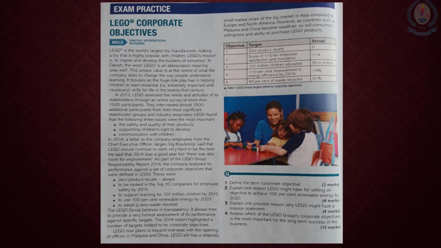Sometimes they are included within the case study in an indirect manner. So you need to read the case study clearly 2-3 times. First, before reading the case study, read the questions carefully and try to write the answers for the Lego corporate objectives case study. And this is about your lesson.